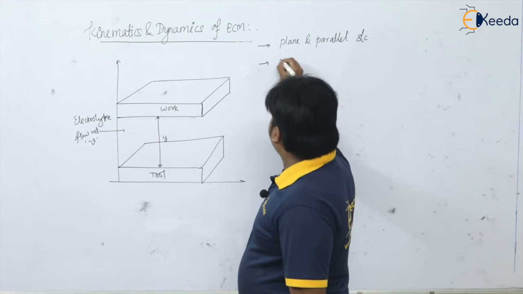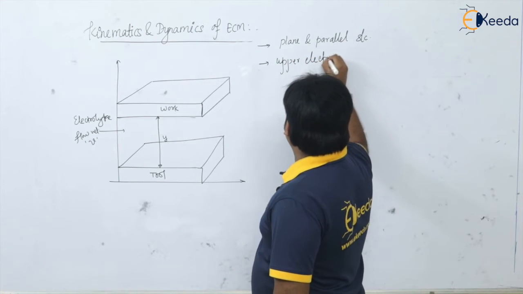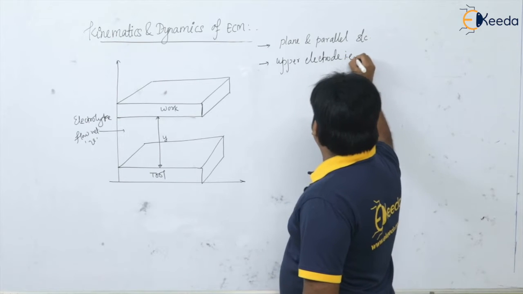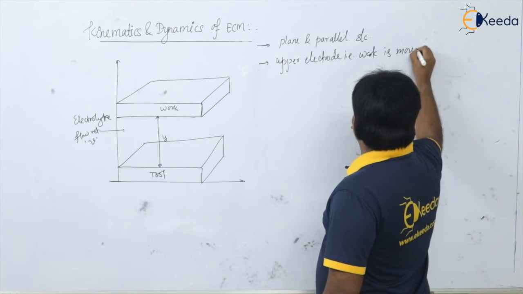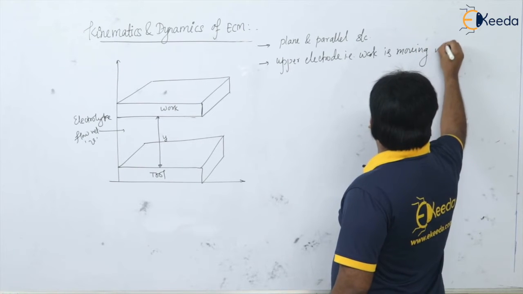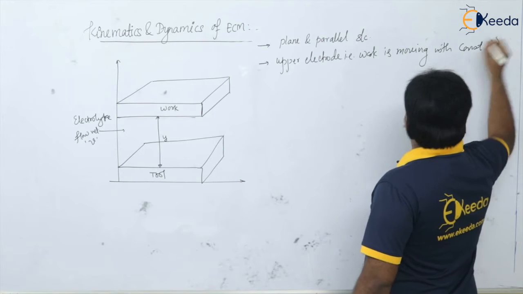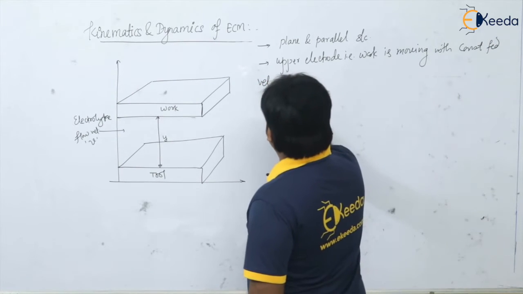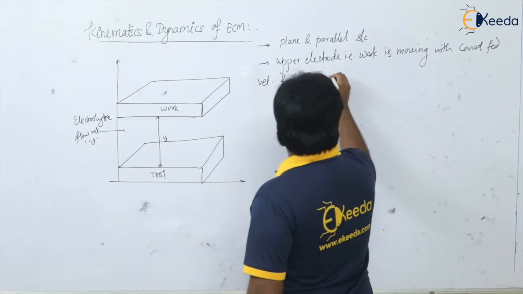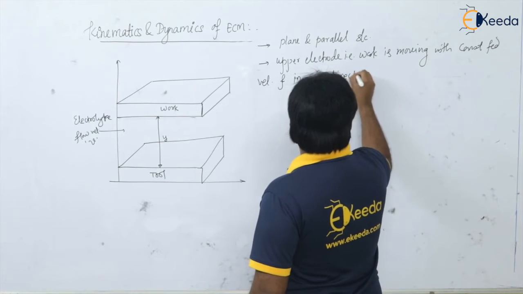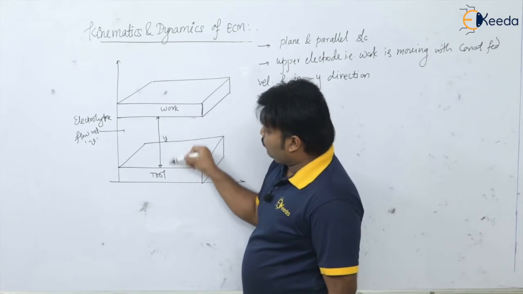Of course, the upper electrode, that is the work, is moving with a constant feed velocity, say F, in the negative y direction, that is normal to the electrode surfaces.